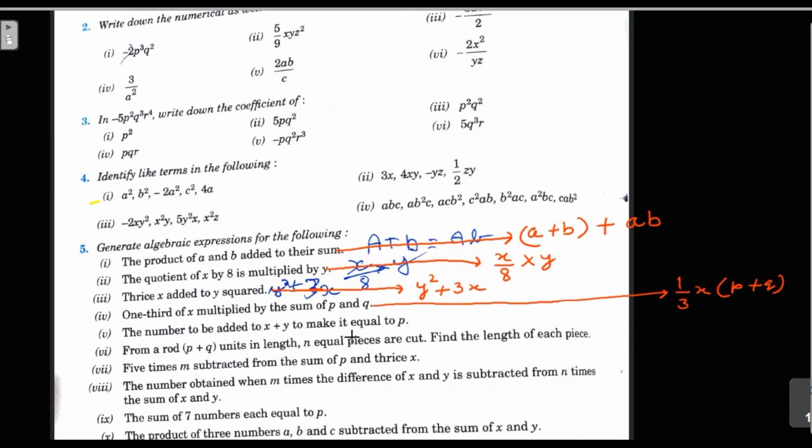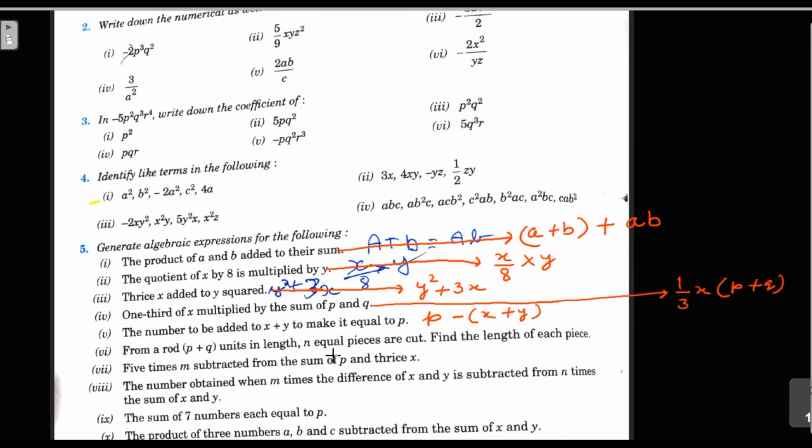Number 5th is the number to be added to x plus y to make it equal to p. The number to be added means that number would be what should be subtracted from p. So here is p, and the number would be the subtraction of the addition of x and y.